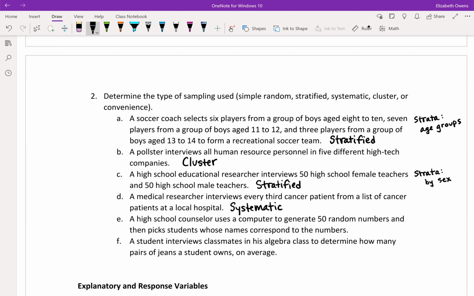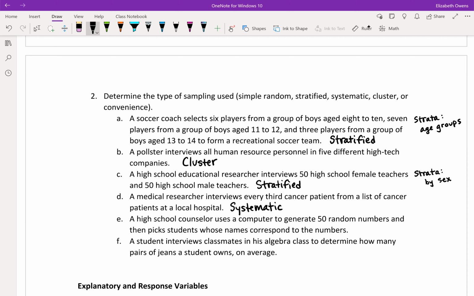Next, a high school counselor uses a computer to generate 50 random numbers and then picks students whose names correspond to the numbers. Okay, so this counselor is picking students, it looks like, out of the general population of students at the school. There's no description of any groups in there.